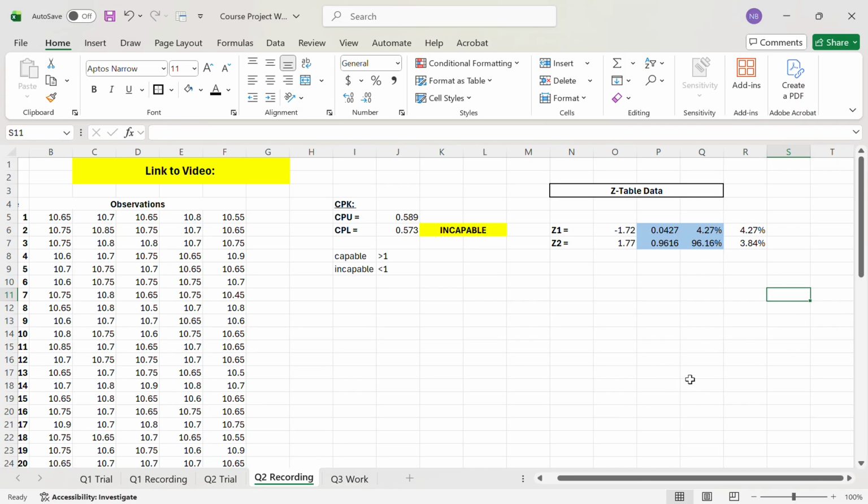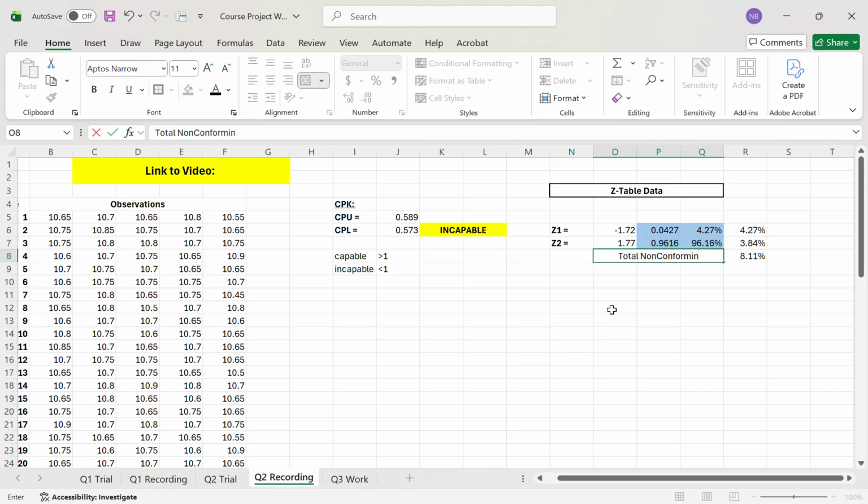Here you can see if we add up these 2 percentages, we get 8.11%. So our total non-conforming percentage for this data is 8.11%.